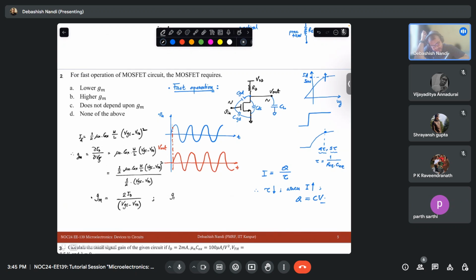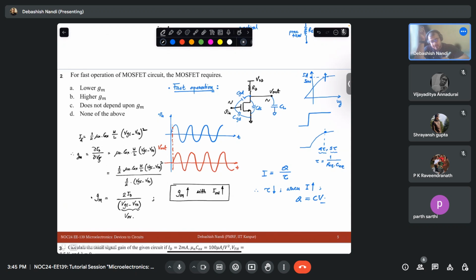Another way you can write GM. Let's say the overdrive voltage is constant. In any case, you will see that your GM increases as I on increases.